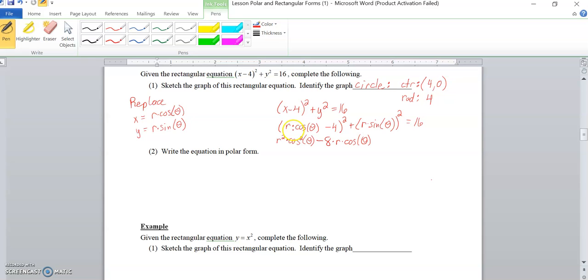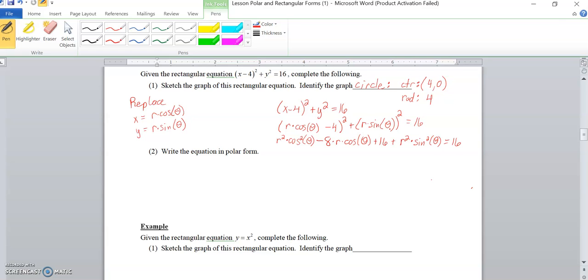And then, first, outside, inside, last, minus 4 times minus 4, we say plus 16. Plus the r sine theta squared, so r squared times sine squared theta, equals 16. So we FOILed out this binomial, and then we just distributed the squared. At this point, let's see what we can group together.